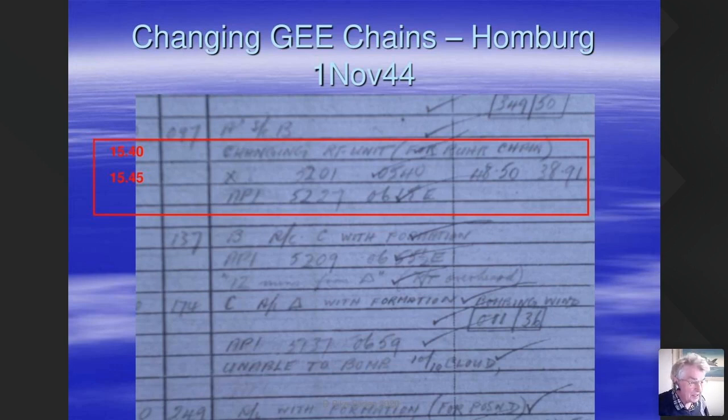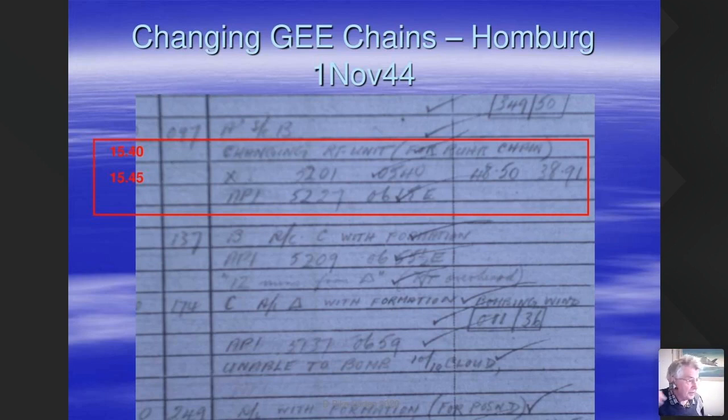So that must have been the D signal and the C signal. He plotted that on his RAAF G chart, and he got a position of 5201 north, 0540 east. He also plotted his air position, and he joined the two with the vector and got a wind.